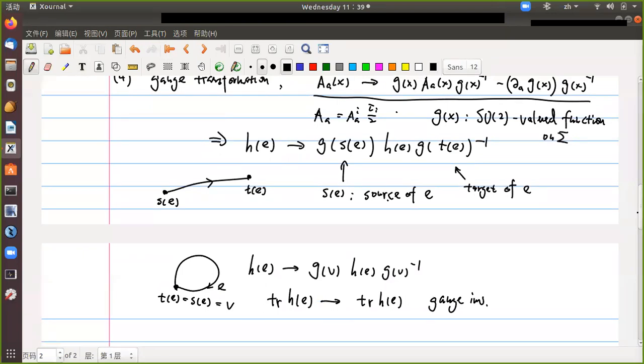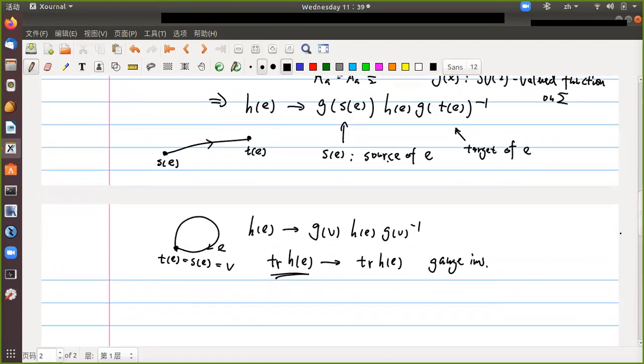That's actually one of the reasons that we want to use holonomy in gauge theory. The holonomy or Wilson line is a very useful observable in gauge theory. Especially, if you consider a loop and take the trace, it is a gauge invariant quantity, or more precisely an SU(2) gauge invariant quantity, and this is called a Wilson loop variable.